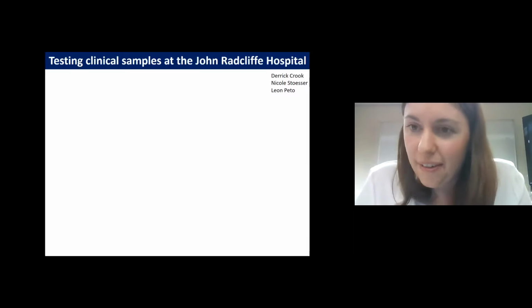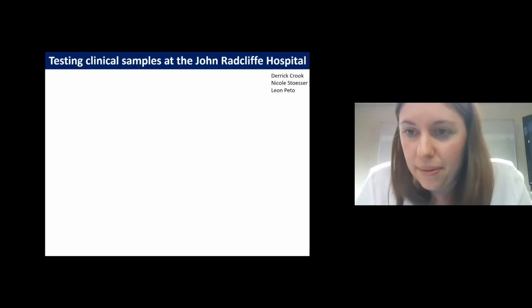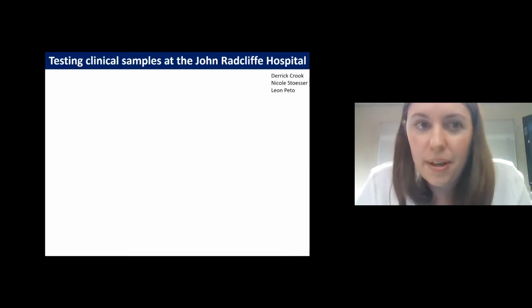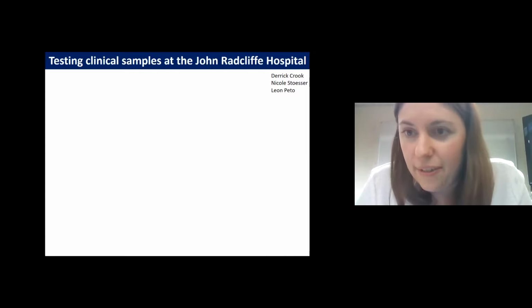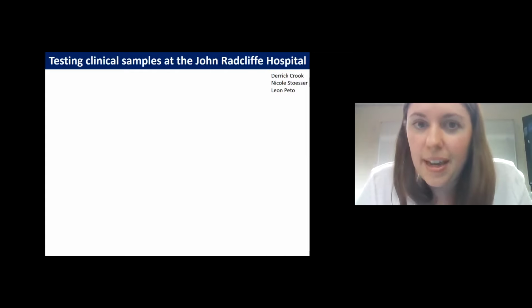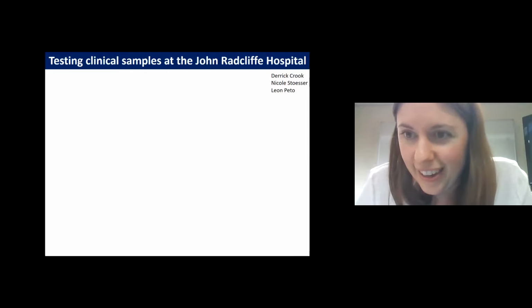So we started off in the lab working with our laboratory grown strains. We showed that the assay worked, and then the next thing was that we wanted to test actual real life COVID-19 samples. And so for this, we had a lot of help. We've got a lot of people really to thank for this.